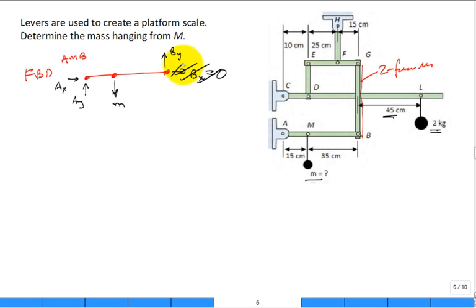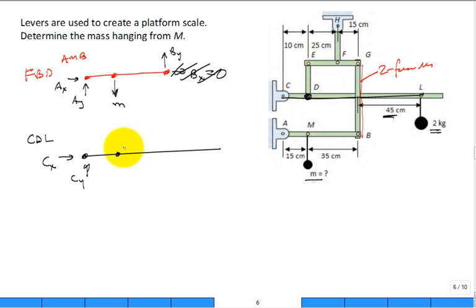Do you see any other two-force members in here? Where's another two-force member? C to D. So it's either in tension or compression. But it simplifies things when I make the free body diagram for CDL. If I do the CDL free body diagram, I'll have Cx, Cy.